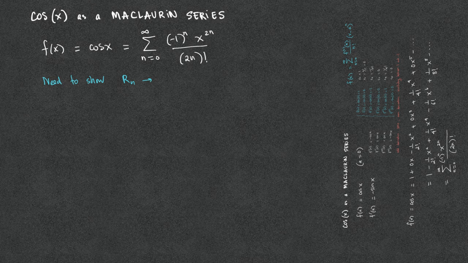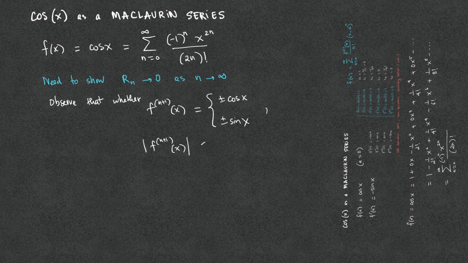We assumed that cosine of x has a Taylor expansion. We still need to show that the remainder goes to 0. Notice that the n plus 1 derivatives are either plus or minus cosine of x or plus or minus sine of x, but the absolute values of these are always less than or equal to 1.